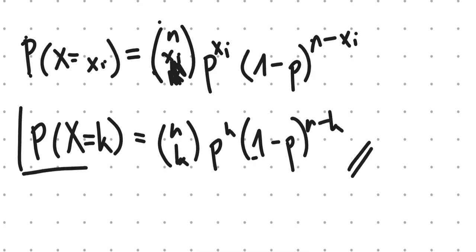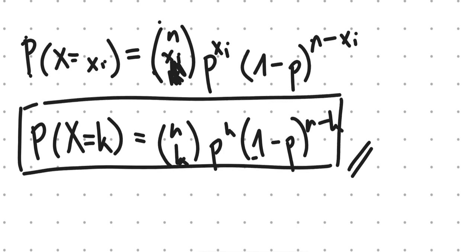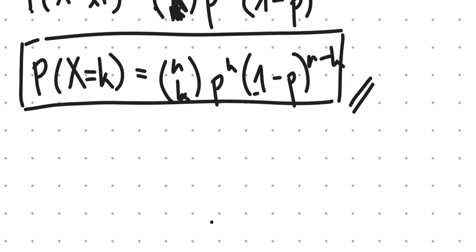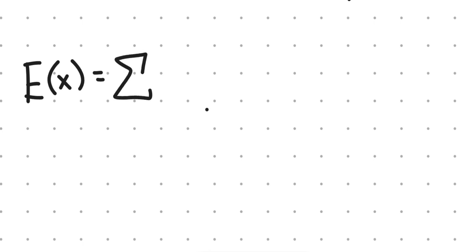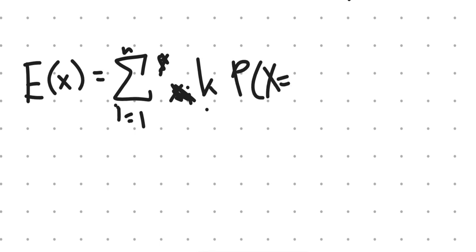Now this is the formula we know, and we want to utilize this in our expected value theorem. So the expected value again is the sum where i is going from 1 to n of xi, so we're going to use k for that, times the probability that k successes will work.